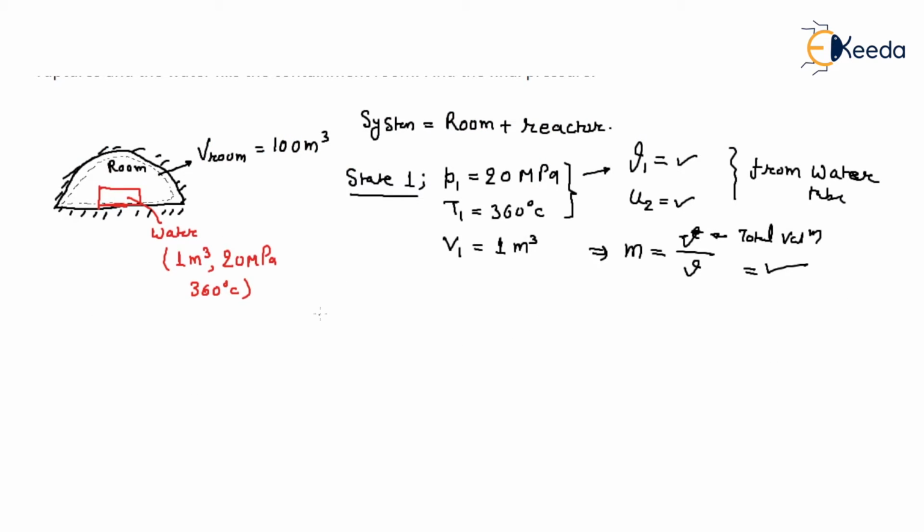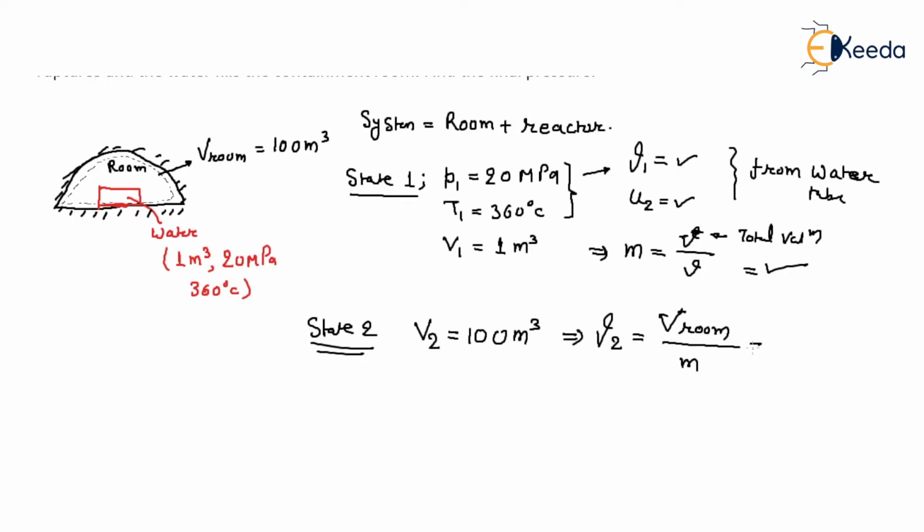Now state 2, it will rupture, so the final volume V2 fills the entire room. So what is the specific volume here? V2, total volume, which is room volume, divided by mass of the water.